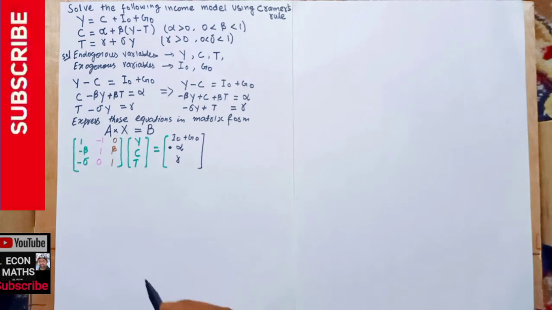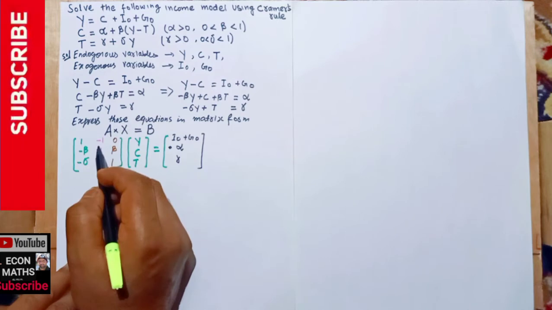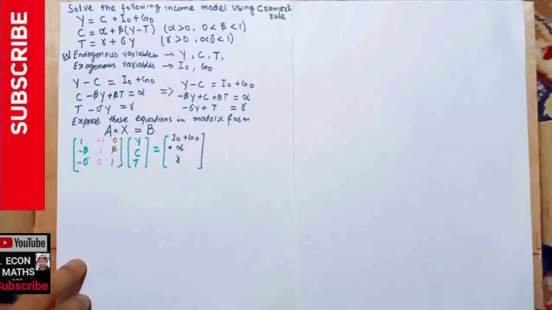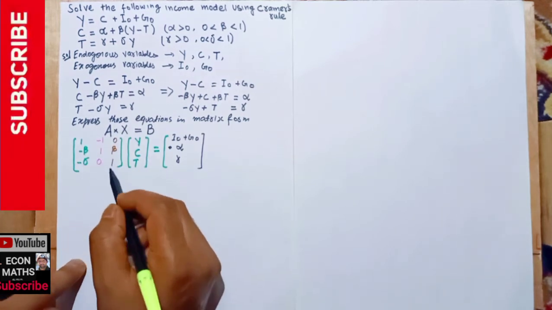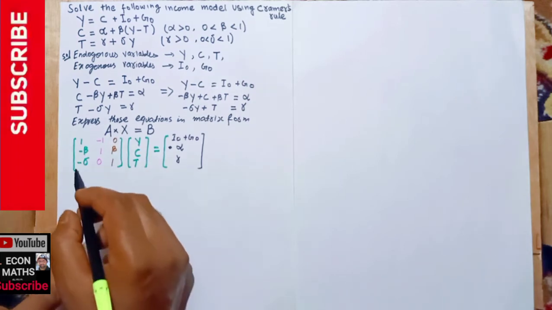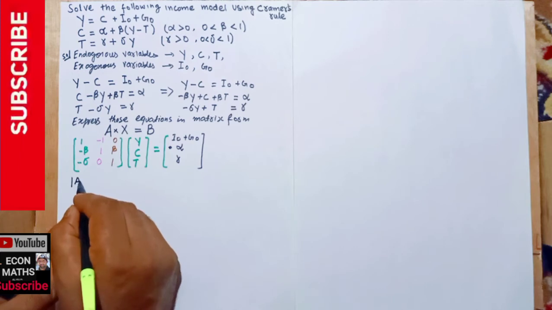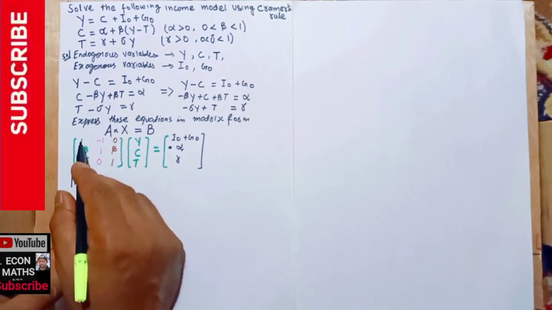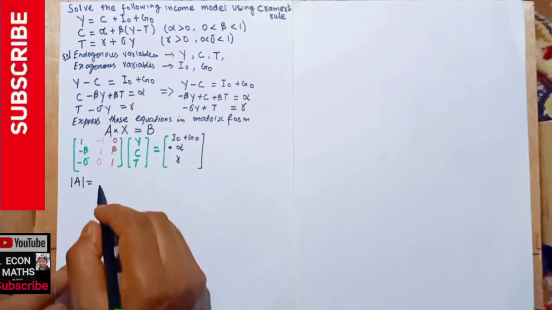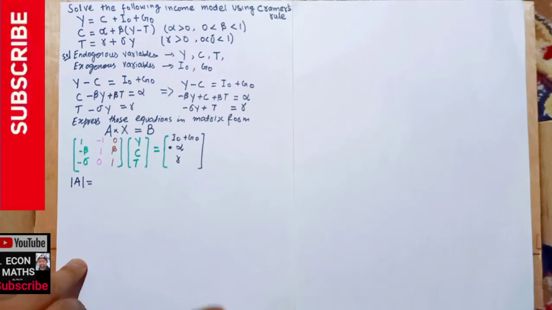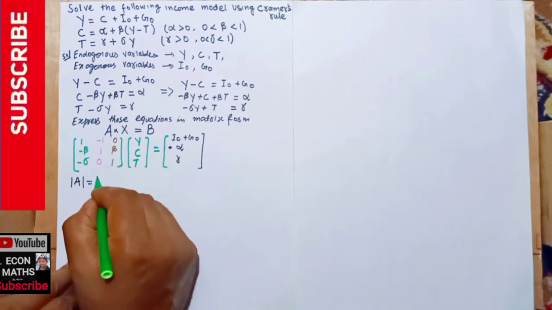After that, this is A, as we know, the coefficient matrix. We have to find the determinant of this coefficient matrix. That is, we will find the determinant of A. Here it is 1, so I will write 1.